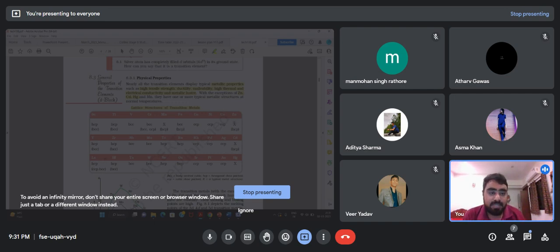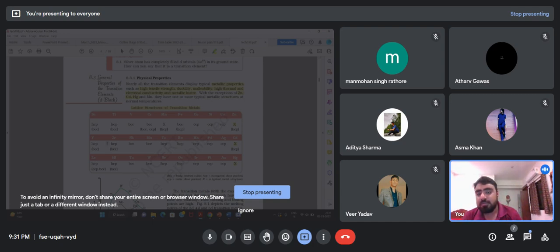Now I will cancel out zinc, cadmium, and mercury. No need to be confused if HCP is written over here, you just cancel it out. Why did I cancel it out? Because they are not transition metals.